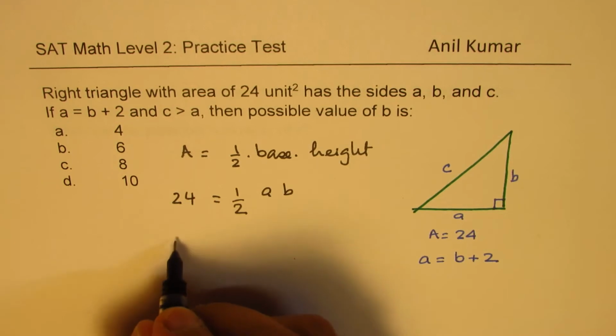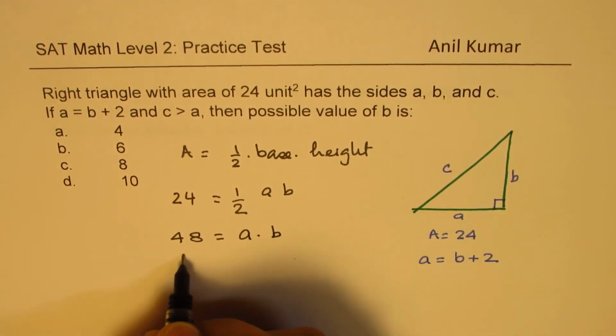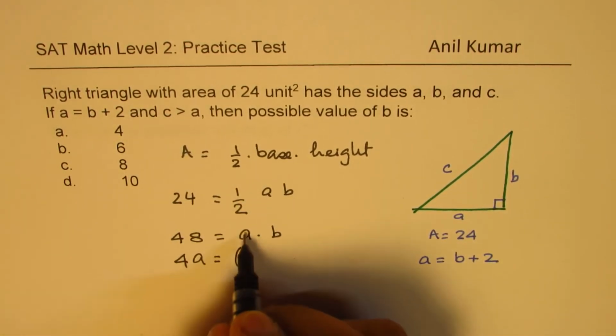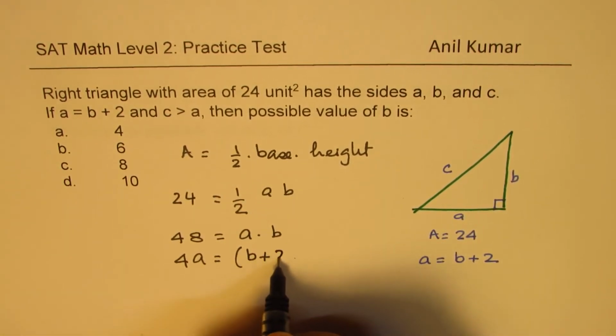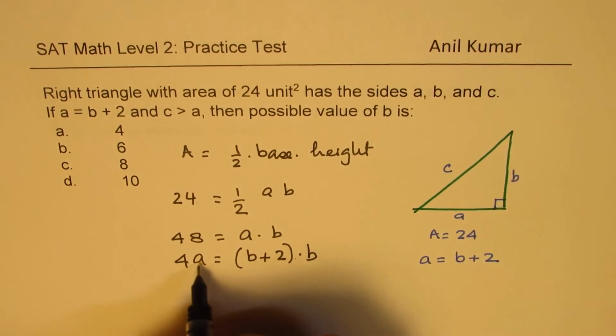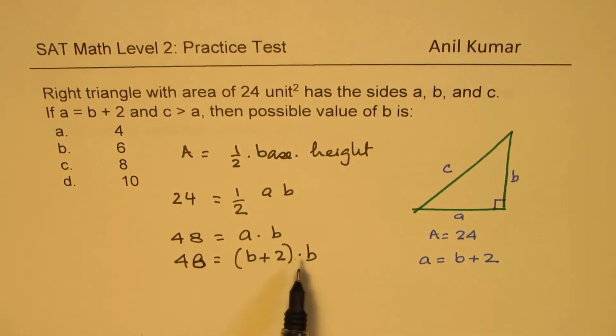So we'll cross multiply. So we get 48 equals to A times B, we can also write this as A is B plus 2. So instead of A, I'm writing B plus 2, times B. So we have equation, so this is 48. Okay, so we have equation in one variable, and that is B. It can always be solved.